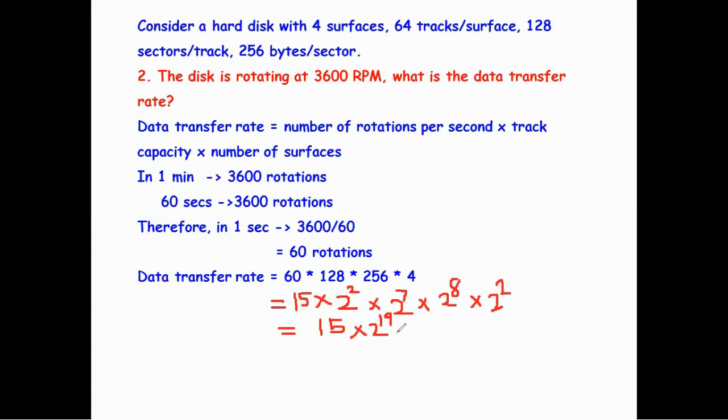2 power 20 is equal to 1 MB. So for converting into 1 MB, just multiply by 2 and divide by 2.